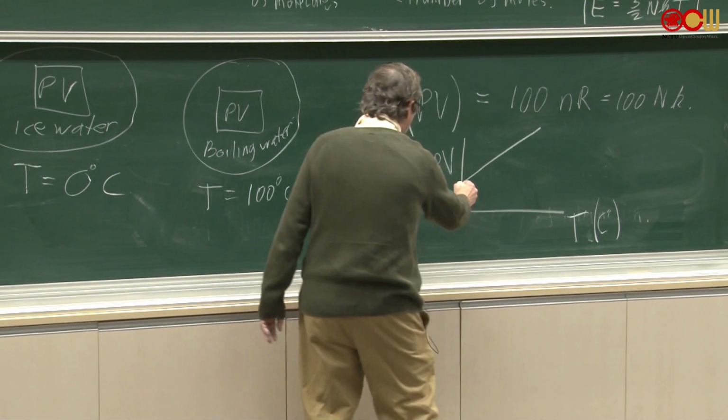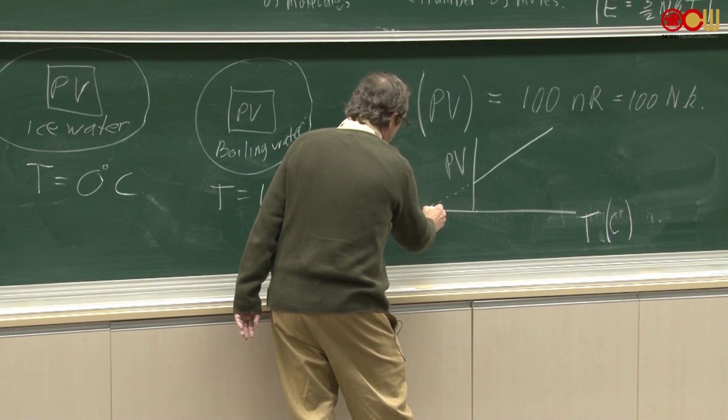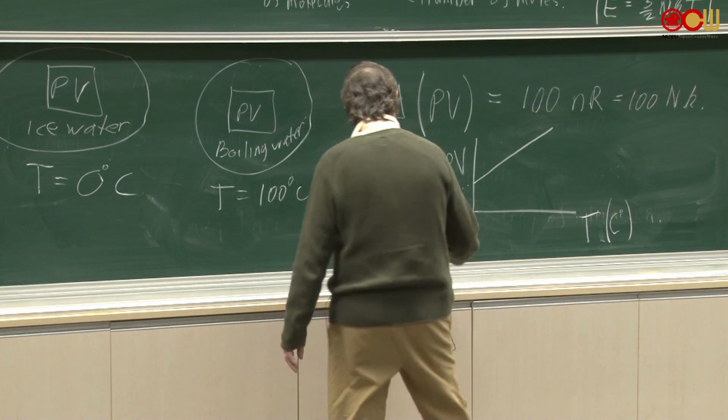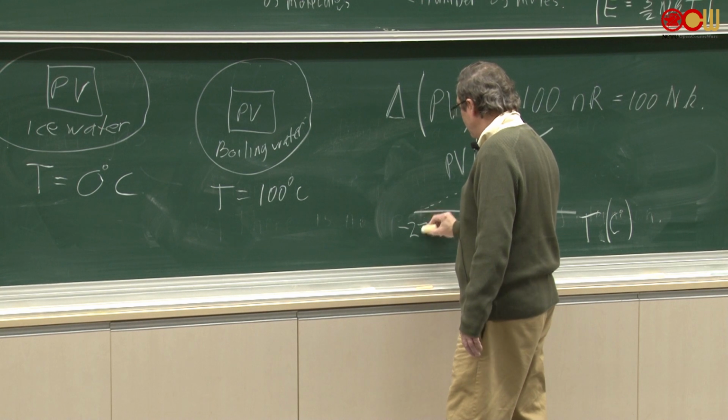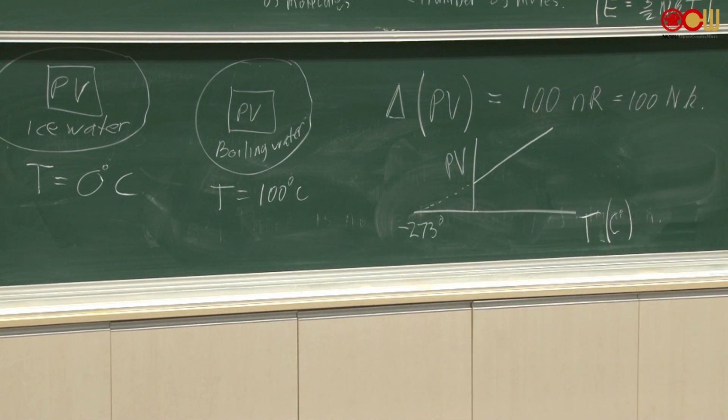So you can extrapolate this down here. And if you do that, you get roughly minus 273 degrees. So PV goes to 0 at minus 273 degrees.